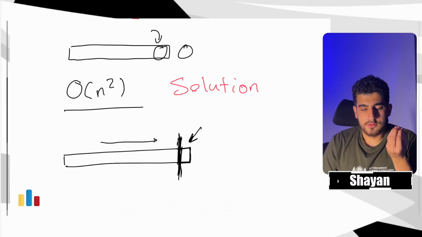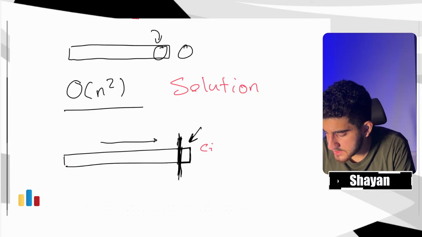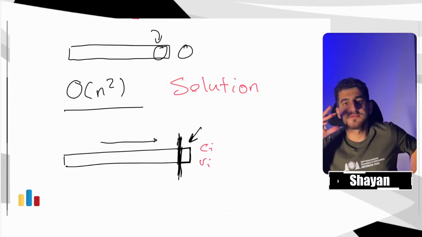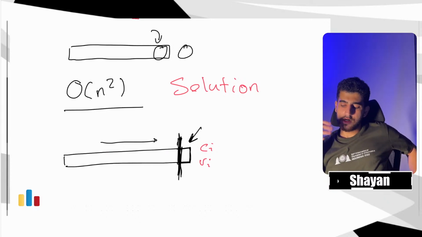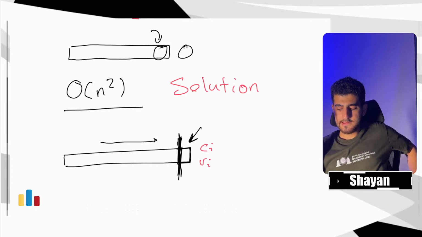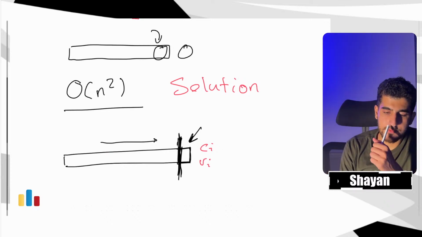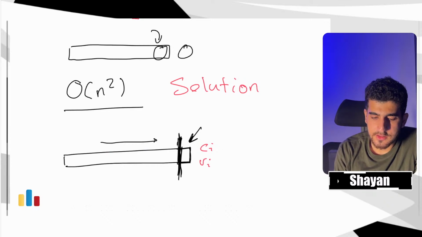I know the color of this new ball, and I know the value of this new ball. So how can I update all the DPs when I add this ball? And it's okay if my solution is O of n squared. I'm okay with that. So what can I do? Exactly.